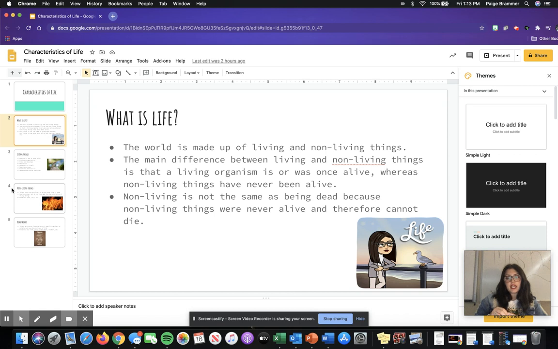But there can get a little bit of confusion when we talk about the difference between non living and dead. So, non living is not the same as being dead because non living things were never alive and therefore cannot die. So, dead things once had to have life and they died to be considered dead, whereas non living things, just like it says, they were never living.